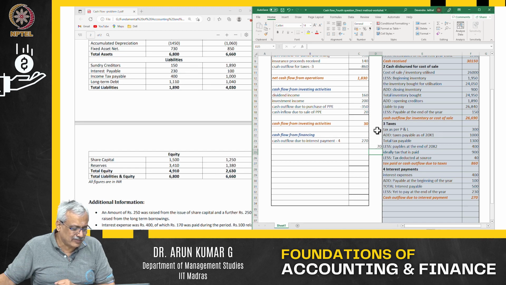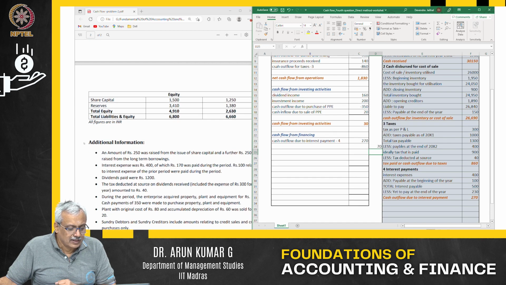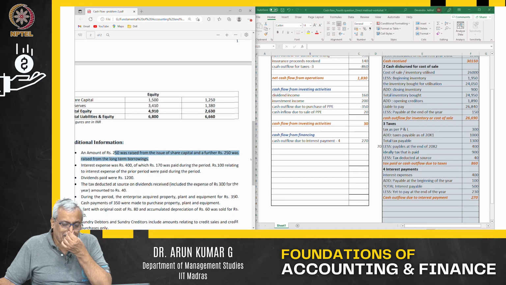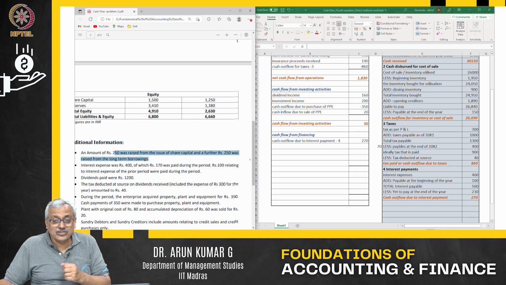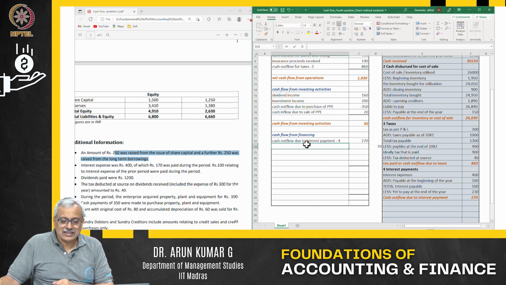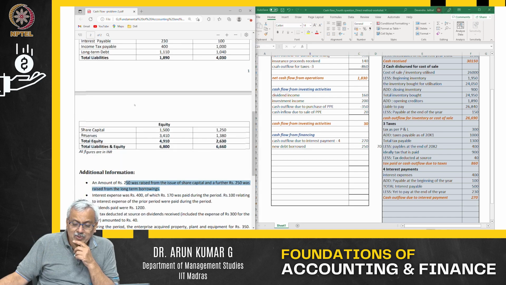Let us check and verify. If you see this, an amount of 250 was raised from issue of capital, that's okay. Further, $250 was raised through long term borrowing. Sir, you say 70, but it says 250. Yes, that is new debt borrowed. New debt in the company is $250.